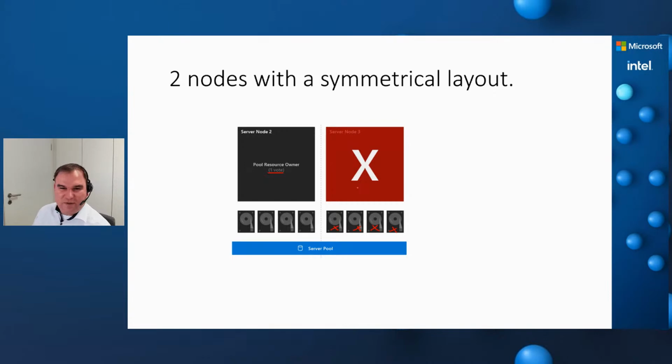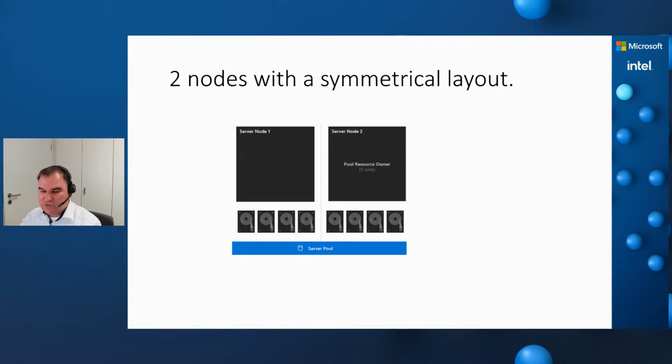4 disks are missing because node number 1 or 2, this node on the right-hand side, failed. And now we have the situation that we still have the majority for the disk votes, 5 out of 9. But what happens if the server on the left-hand side fails? Sorry, also on the right-hand side, when the pool resource owner fails.